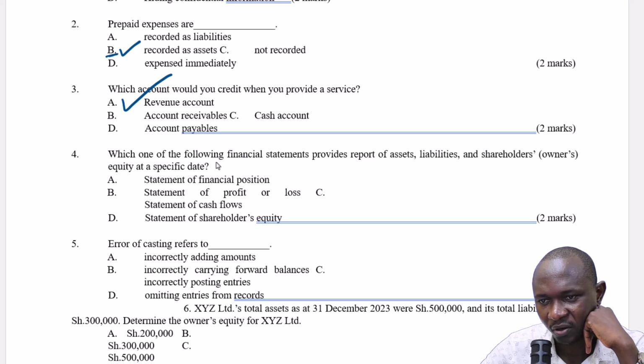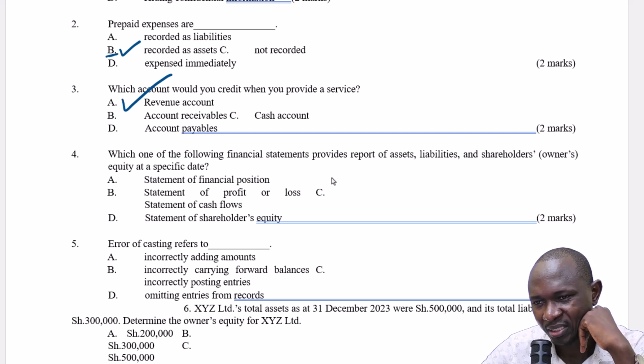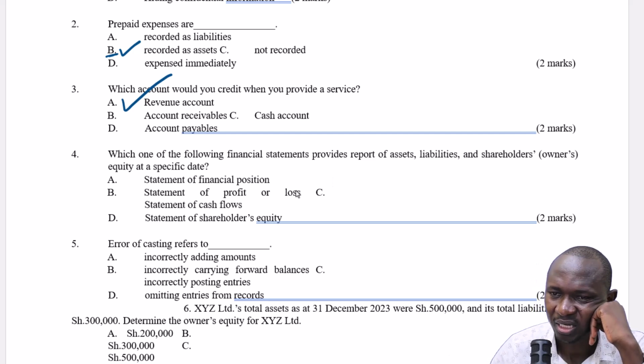Which of the following financial statements provides report of assets, liabilities, and shareholders' equity at a specific date? This is a statement of financial position.